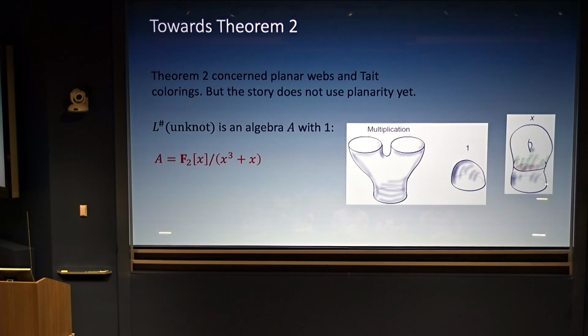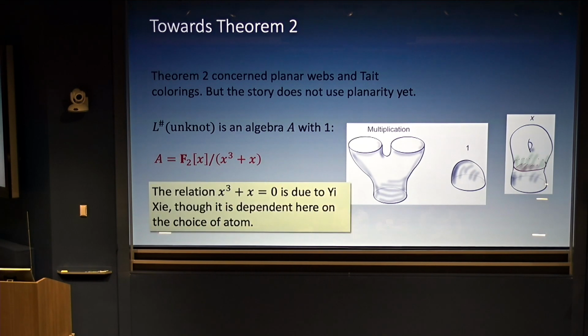After the fact, you can define x in L sharp of the unknot as the element provided by this rather particular foam here, which is a genus 1 surface with an extra disk added to it. That relation x cubed plus x equals 0 is a reflection of something which was, in a very different context, computed by Yi-Xie. In principle, this is dependent on our choice of atom.